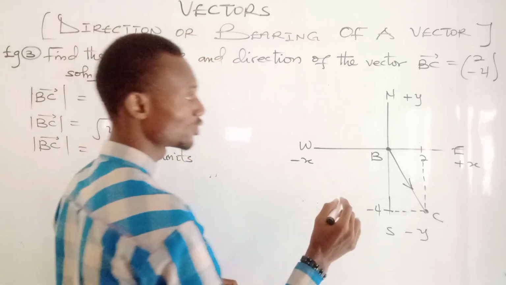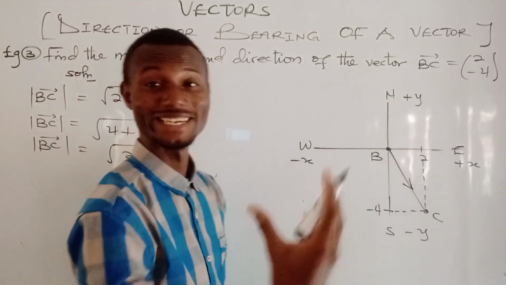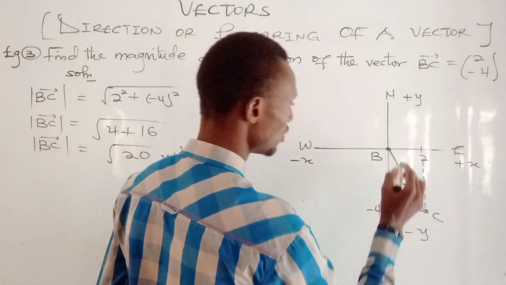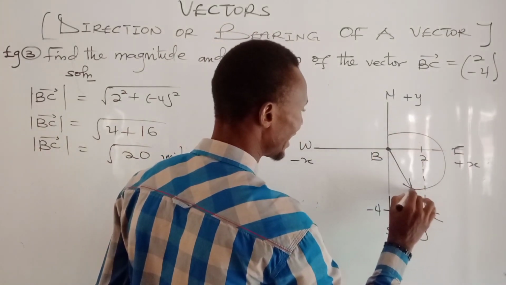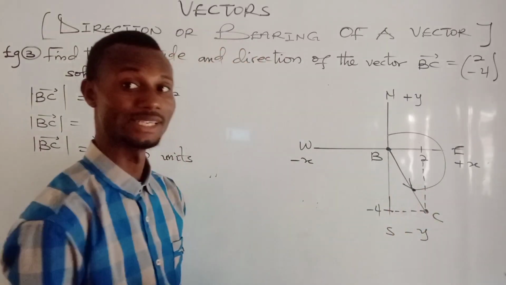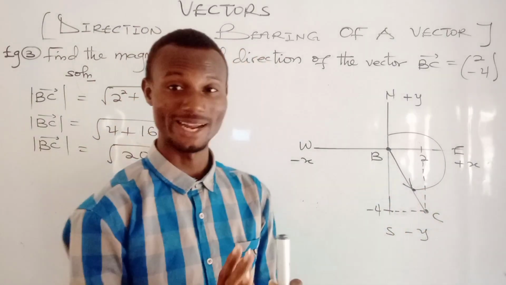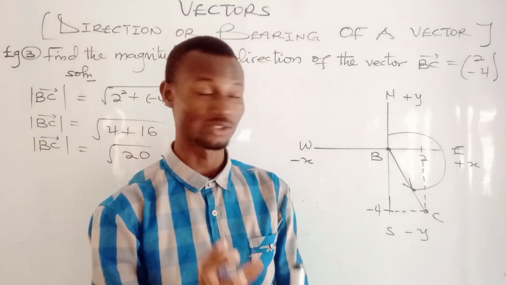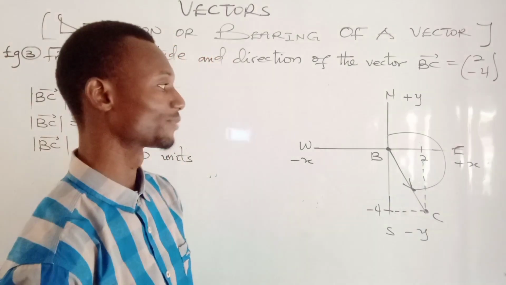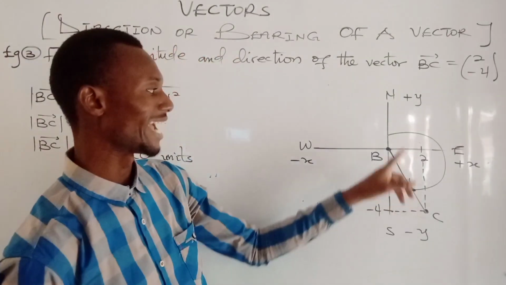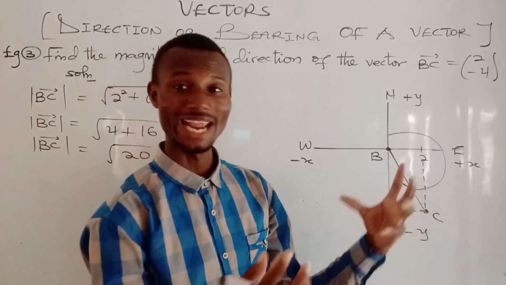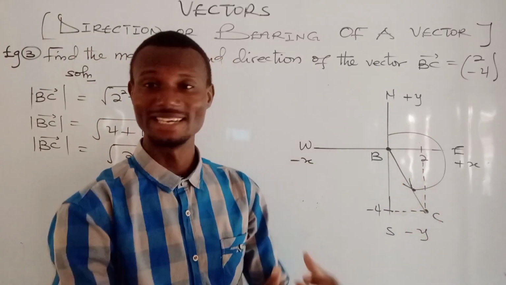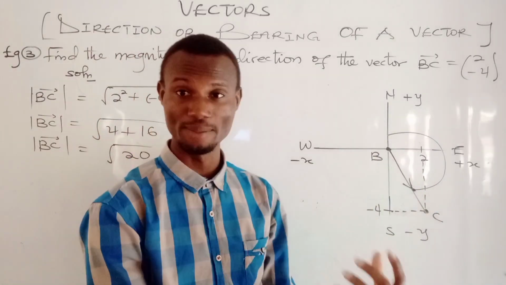So for us to get the bearing or the direction of the vector BC, we read from the north till we end on the vector BC. I hope the explanation is clear up to this point. So what we need to do is to know the angle here and also the angle here, so that when we add them, it will give us the direction of the vector BC.